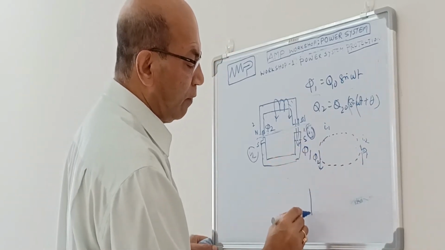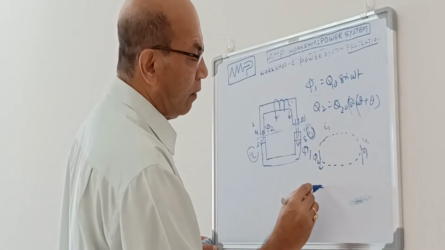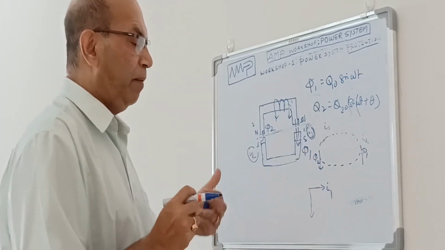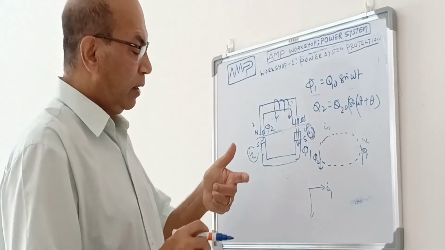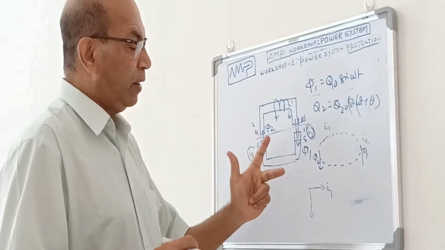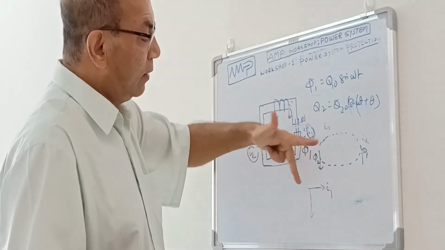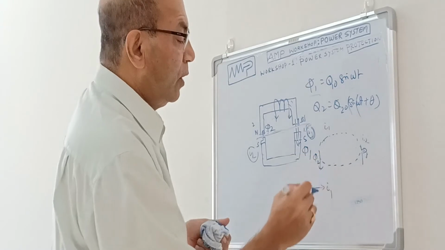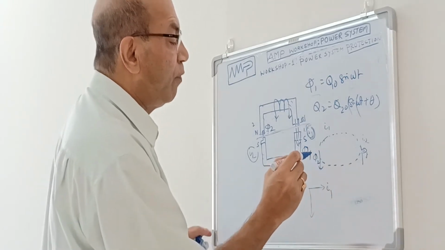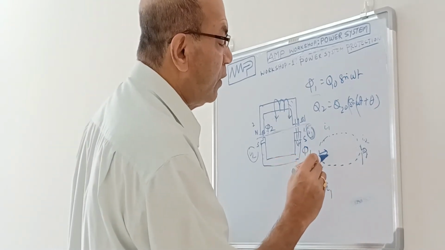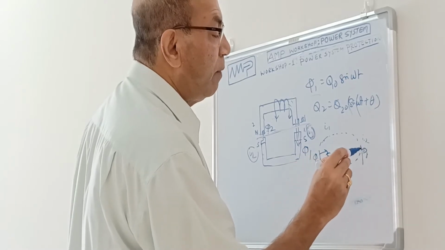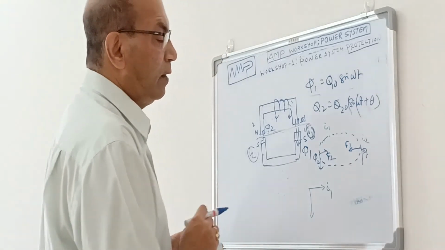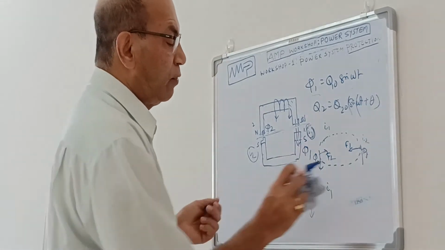If this is the direction of phi2 and this is the direction of phi1 and I1, then if you apply Fleming's left hand rule, this is the direction of the current and this is the direction of the flux, so there will be a force over here. Suppose this force is F2, and at the point of phi1 the force is F1. Due to this force the disc will rotate.